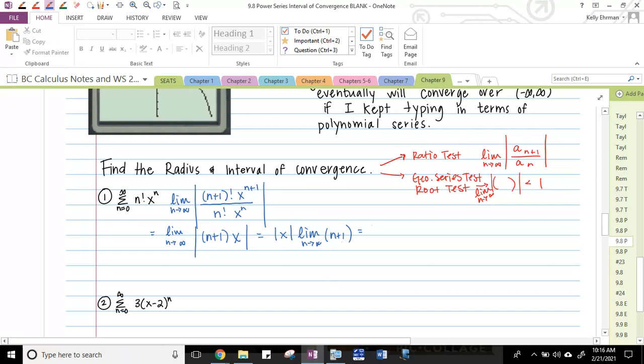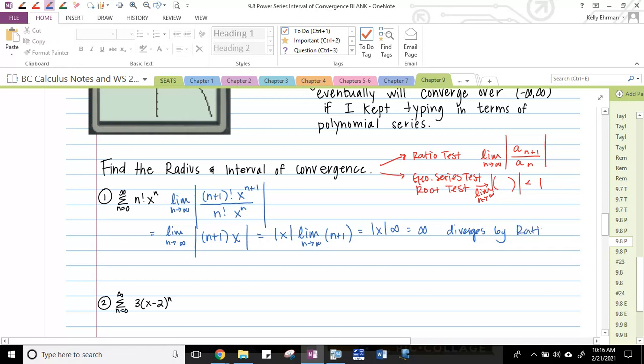Well, that equals the absolute value of x times infinity, which is infinity overall. So this doesn't even converge, which we could have looked at based off an nth term test, but with the x there, it makes things more complicated. There's not really an nth term test if there's an x involved. Since this came out to infinity, I can say this series diverges by the ratio test.